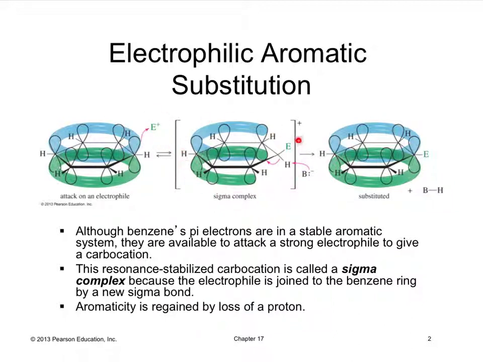Once it attacks the electrophile, the covalent complex that it forms is called a sigma complex. Once the sigma complex is formed, it's a stabilized carbocation, and a base will come, deprotonate, and reform the aromatic ring, generating your substitution over here.